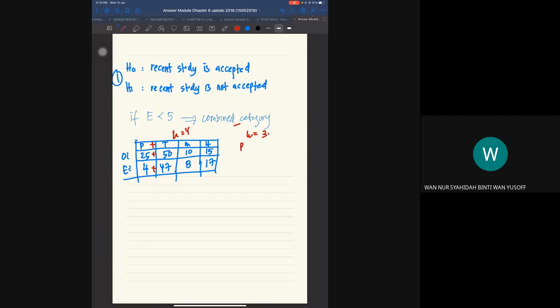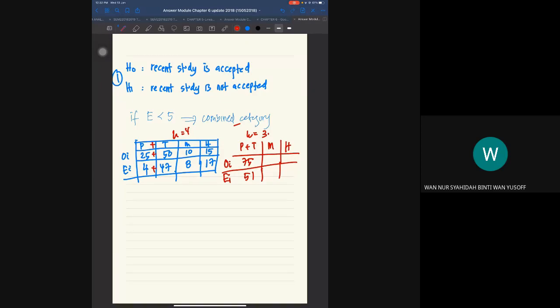So you will have P plus T, M, and H. For the first category, it is a new O and new E: O is 25 plus 50, so you have 75, and here you have 51. M and H are similar.